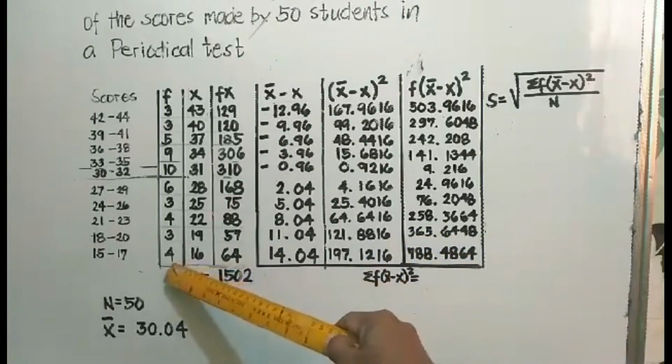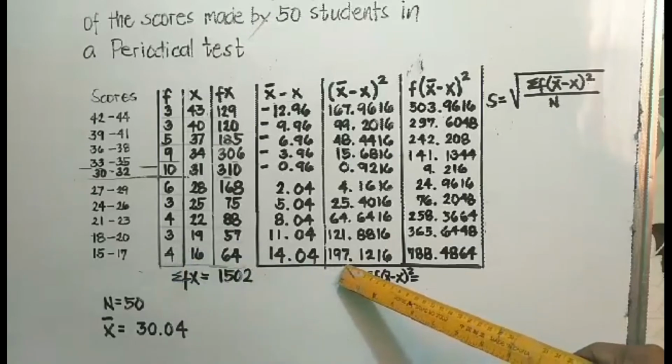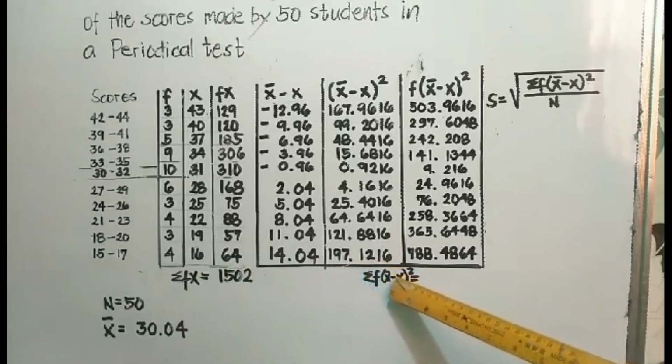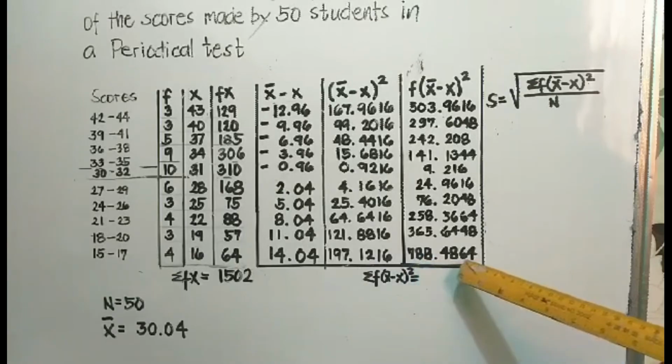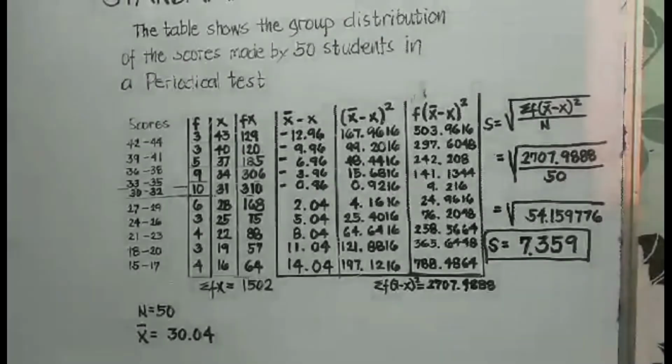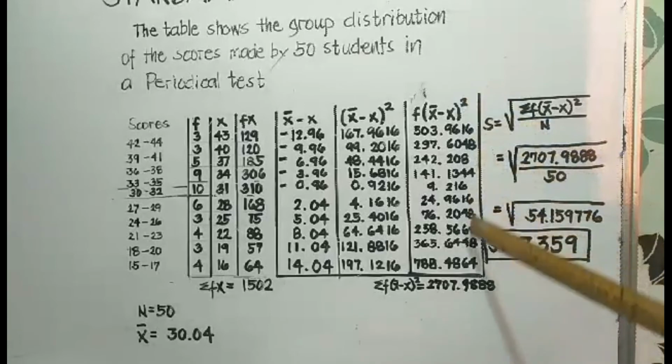And 4 times 197.1216 is equal to 788.4864.